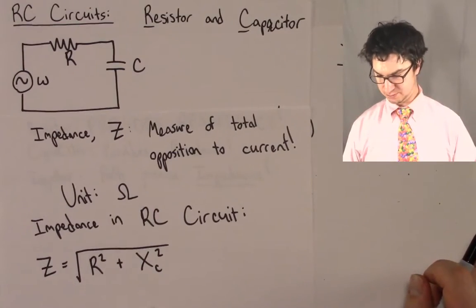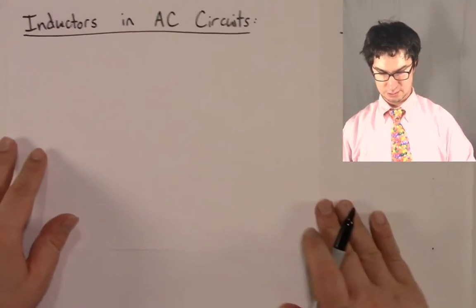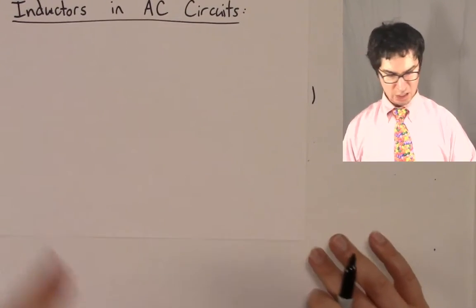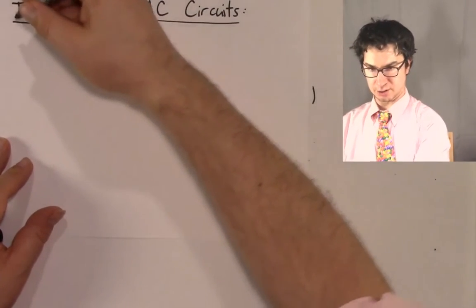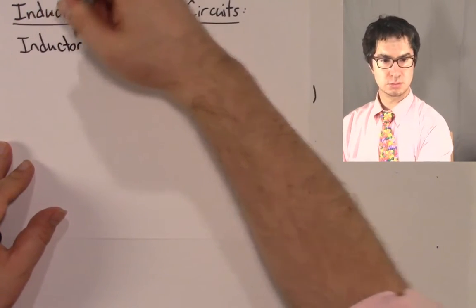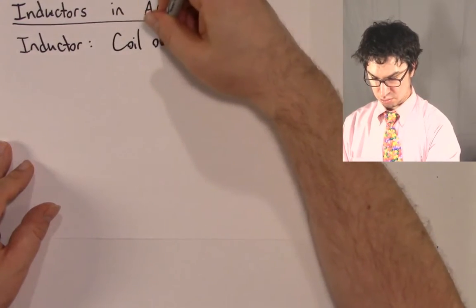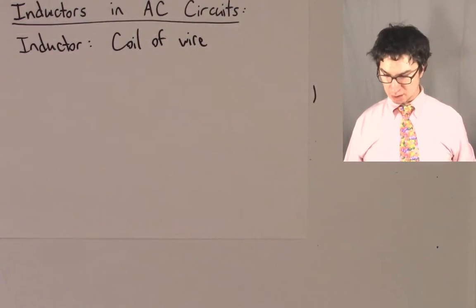Let's move ahead. The next thing that we're going to study is inductors in AC circuits. Okay. What is an inductor? So recall that an inductor is a coil of wire. We're talking a solenoid. That's all it is.